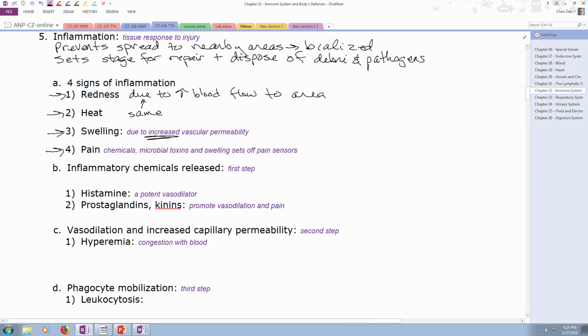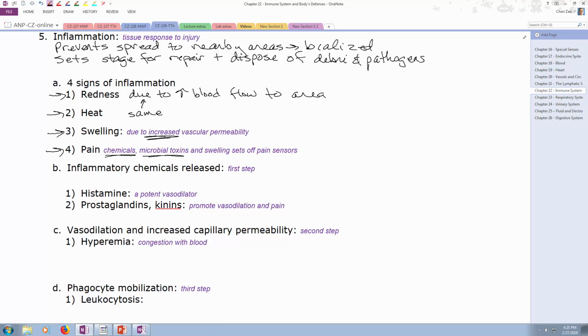When we have inflammation present, you can experience pain, and that might be due to chemicals that are being released by the pathogens in the area, or even the cells fighting the pathogen in the area as part of the inflammatory process. So we can have microbial toxins as that chemical causing pain, or even your cells that are present releasing chemicals causing pain.